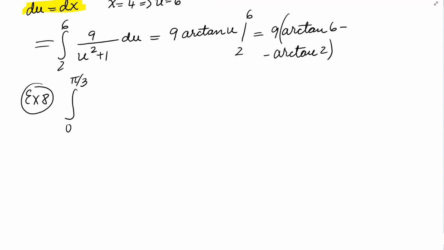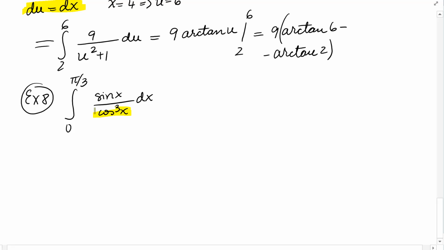Let's do problem 8. Integral from 0 to pi over 3 of sine of x over cosine to the third of x dx. Now, let's take a look. Which one of the functions looks more complicated? Sine of x or cosine to the third of x? Well, cosine to the third.